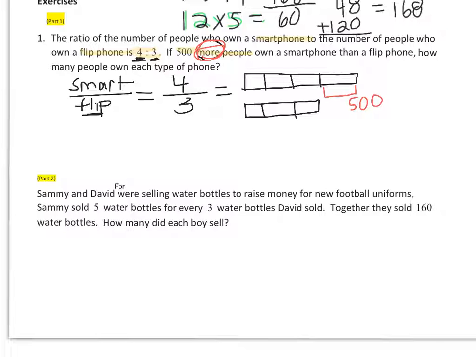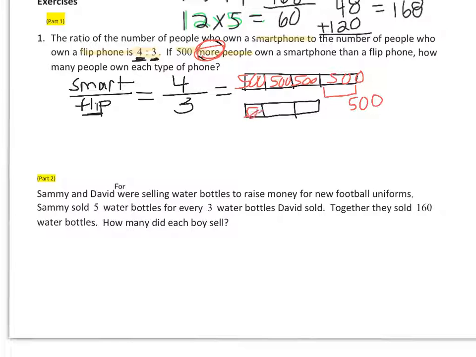Now, since there's only one part of that diagram that's 500, that means I don't have to do any dividing. It's not like I'm taking it and having two pieces that I need to break up into the 500. So that means if there's only the one piece, then each of these has to be 500. So I'm going to write 500 in each of these here.